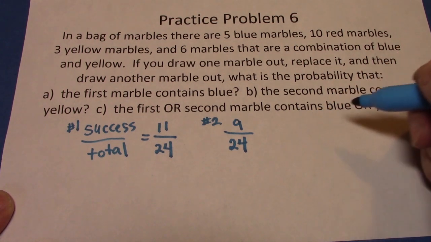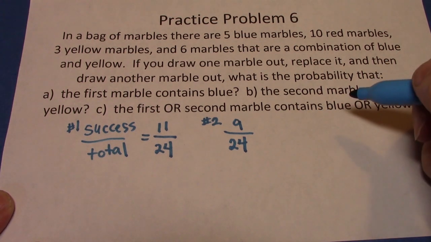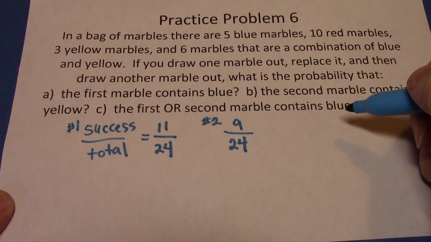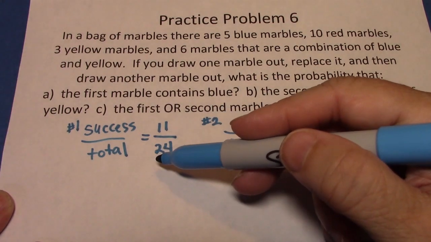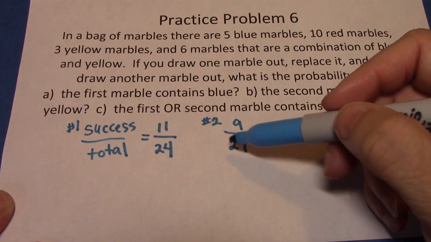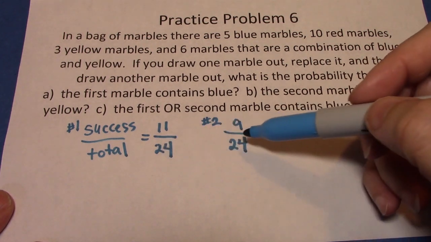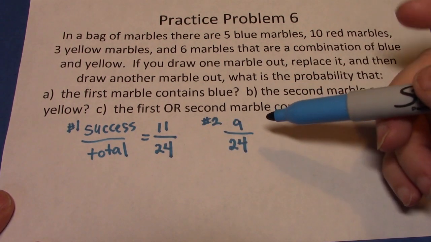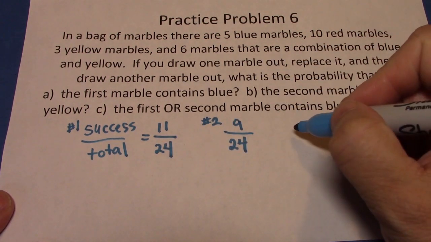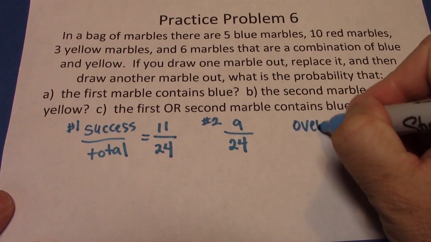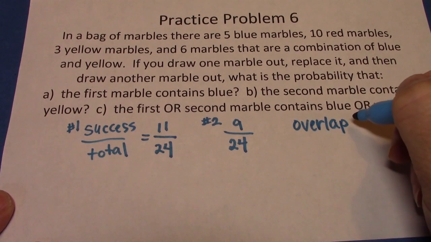And C, what if the first or second marble contains blue or yellow? Well, this is blue and this is yellow. And you'd think that you could add them together. Blue or yellow we add together, but you have to remember that there's overlap. So we have to adjust for the overlap, which is the ones that are blue and yellow.